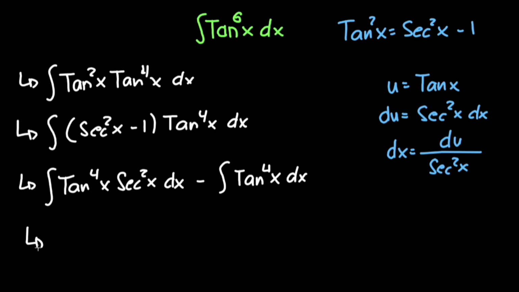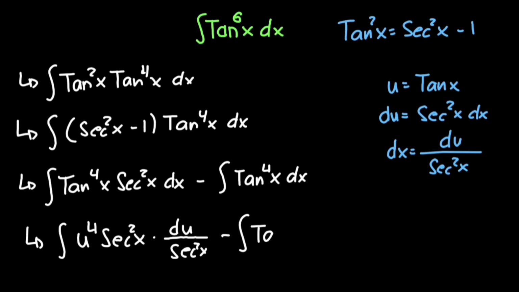By substitution, you would have the integral of u to the power of 4 multiplied by secant squared x multiplied by dx, which is du over secant squared x, and copy the rest. The secant squared x would cancel.